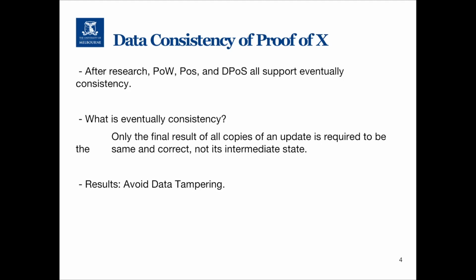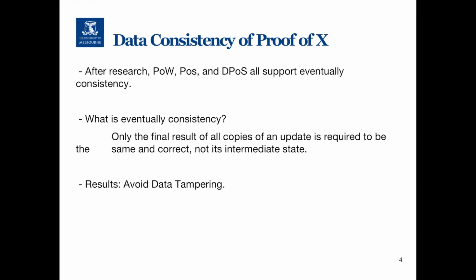Cheng Feng. I will introduce the data consistency of proof of X. The decentralization of blockchain means that all nodes store the complete transaction information. Then synchronization of information across all endpoints will be an issue.